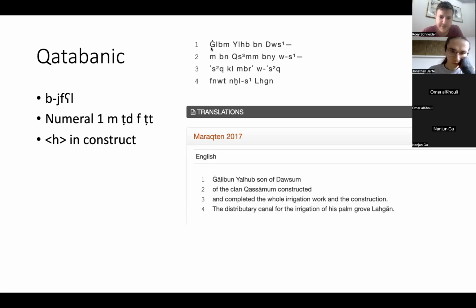So this one is ghalibun yalhub. That's how they have decided to transcribe it, but of course, very speculative.